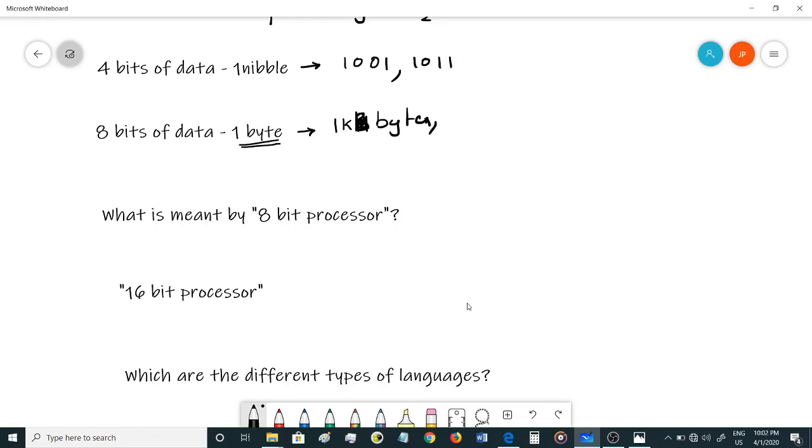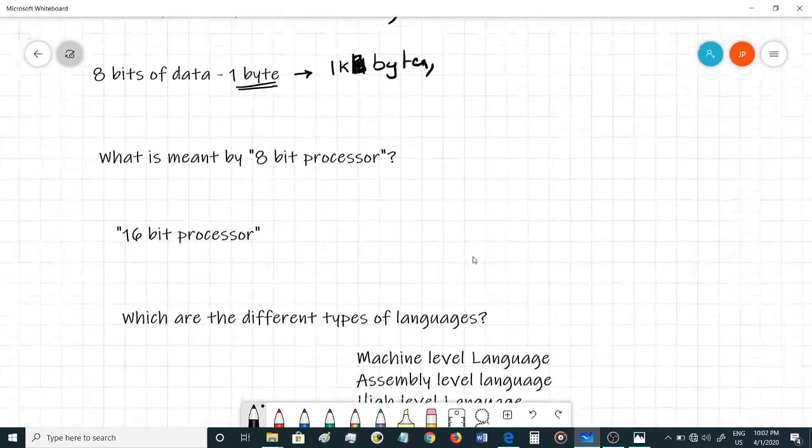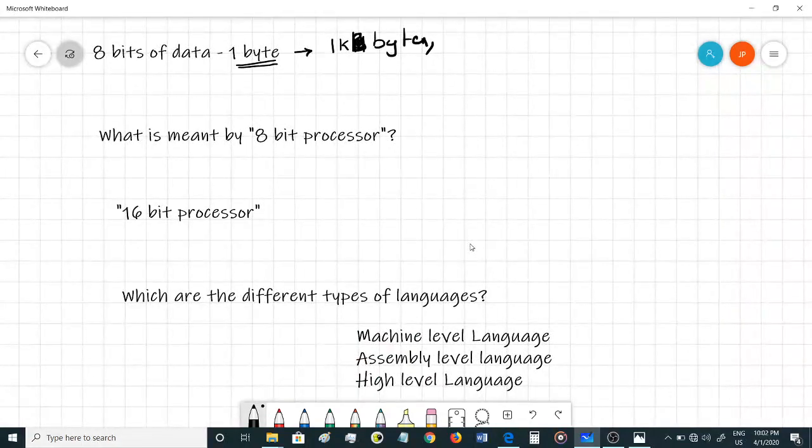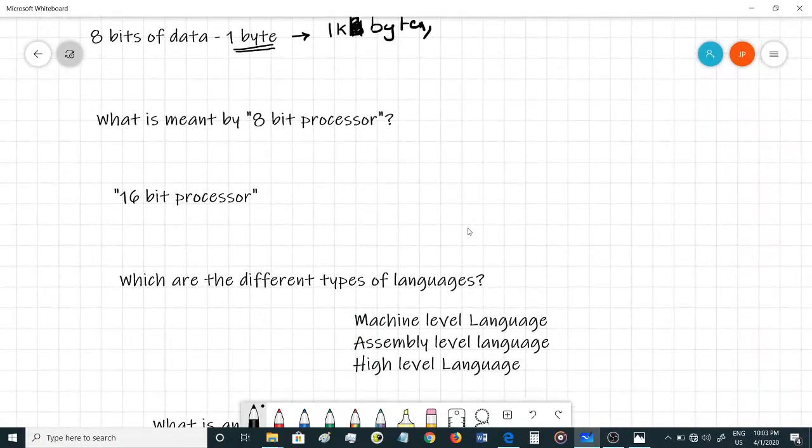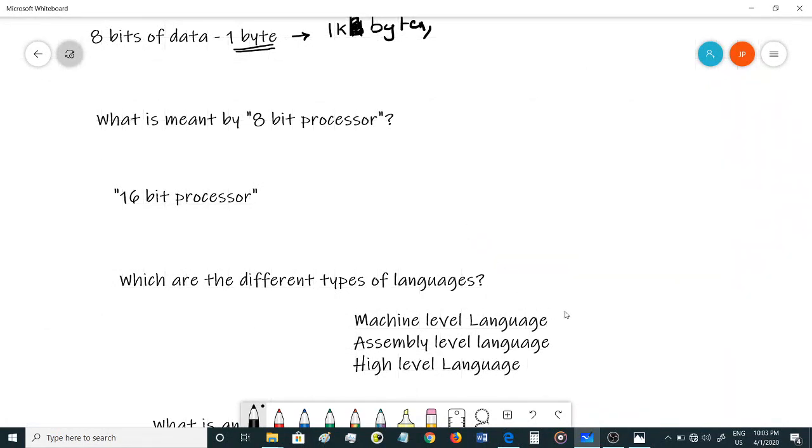Nowadays we use 64-bit processors, which can do 64-bit operations in a single go. It can do addition of 64-bit numbers, or multiplication of 64-bit numbers, or data transfer of 64-bit numbers in a single go. That is what the number of bits of a processor actually represents.